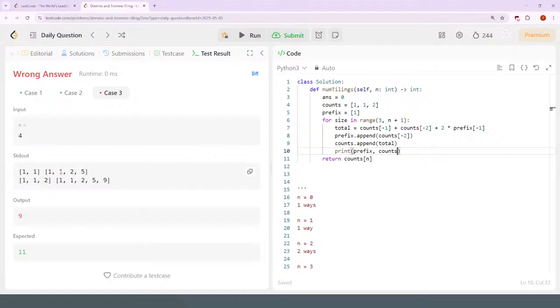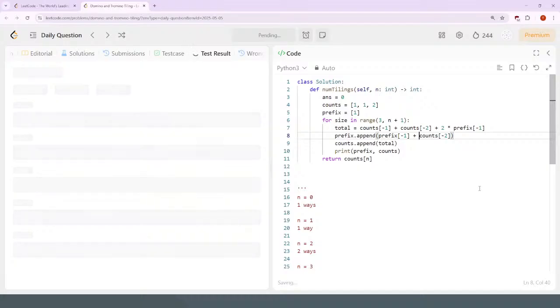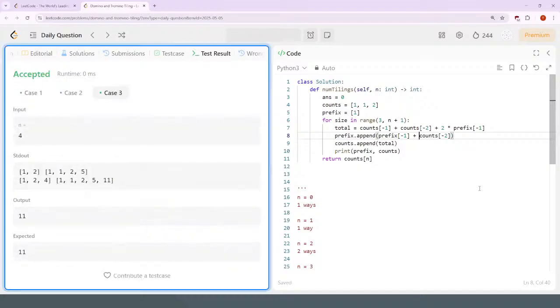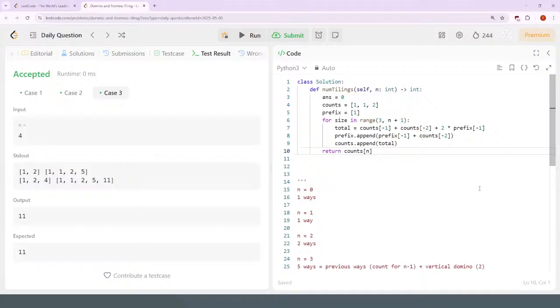So it's going to be prefix is 1. Oh no, what am I doing? Prefix appends the last prefix sum plus counts at -2. What am I doing indeed?